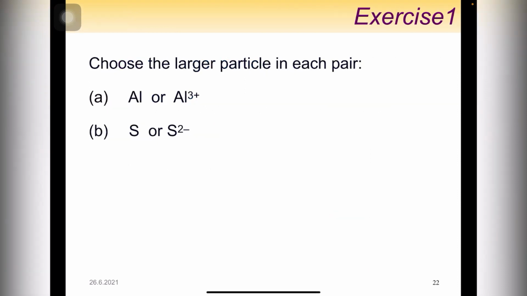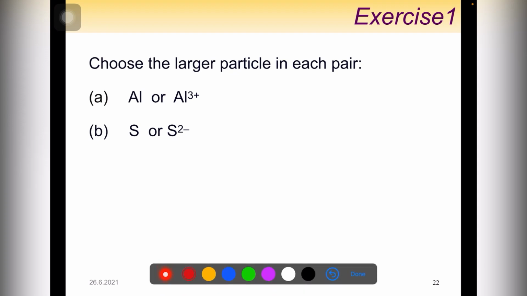Okay, exercise 1. Choose the larger particle in each pair, between aluminium and aluminium 3+. Of course, the larger one is aluminium. Why? Because compared with the positive ion, aluminium has more electrons. That's why it has a larger size compared to the positive ion.